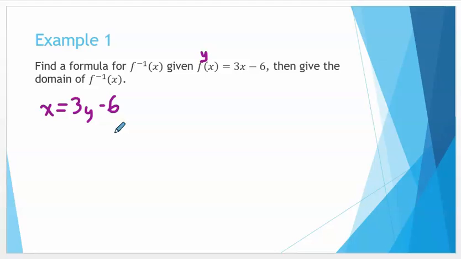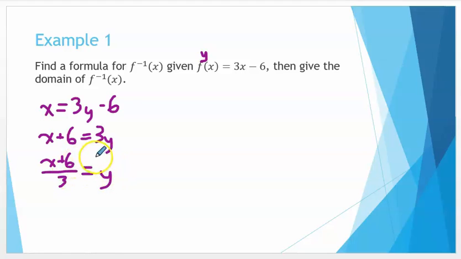Our second step is to now solve this equation for y. So following order of operations kind of backwards basically, I'm going to add 6 to both sides. And then I would divide everything by 3. So the other side's going to end up being x plus 6 all over 3 equals y.